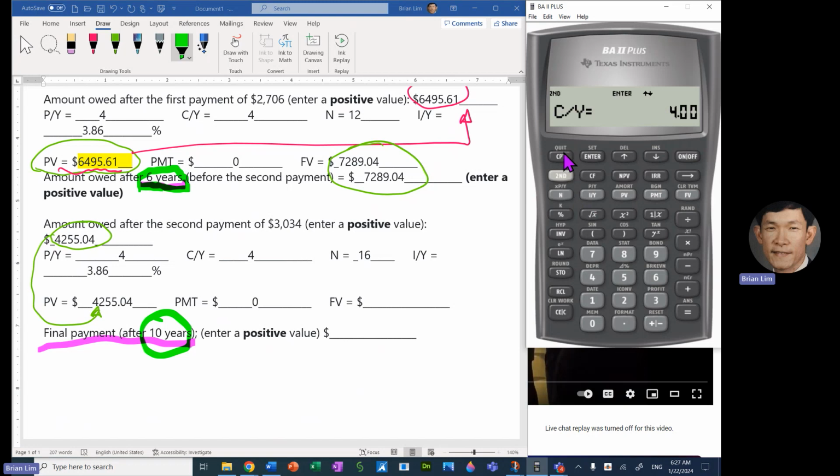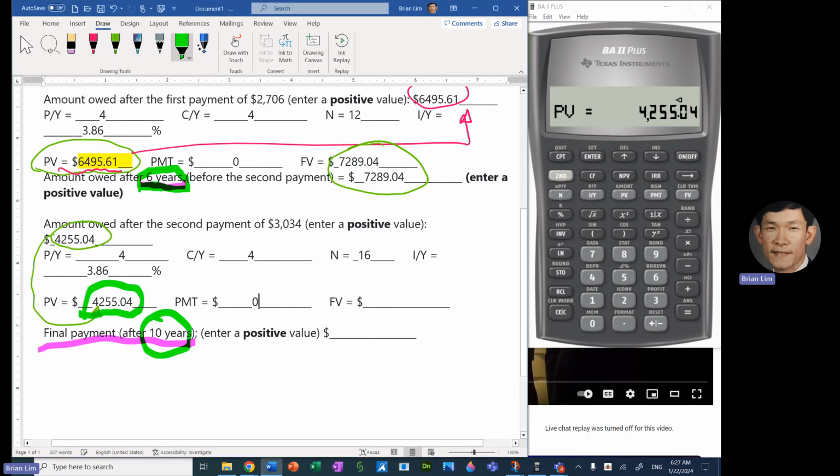You can come out up here and then you recall n is 16 now. You recall the I/Y is 3.86. And then we recall the present value is 4255.04, which is this number right here. Payment is 0. We can also recall the payment.